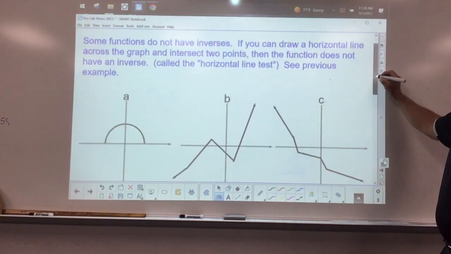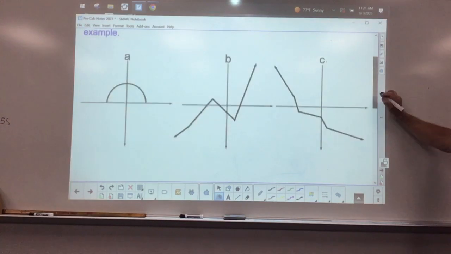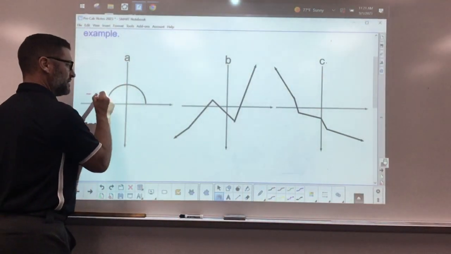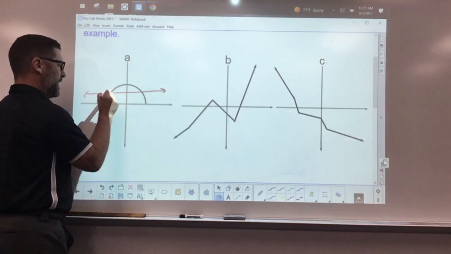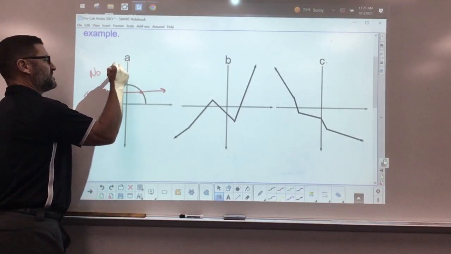It works like this. Some functions do not have inverses. If you can draw a horizontal line across the graph and intersect 2 points, then the function doesn't have an inverse. In other words, if I can do this and hit twice, there is no inverse.